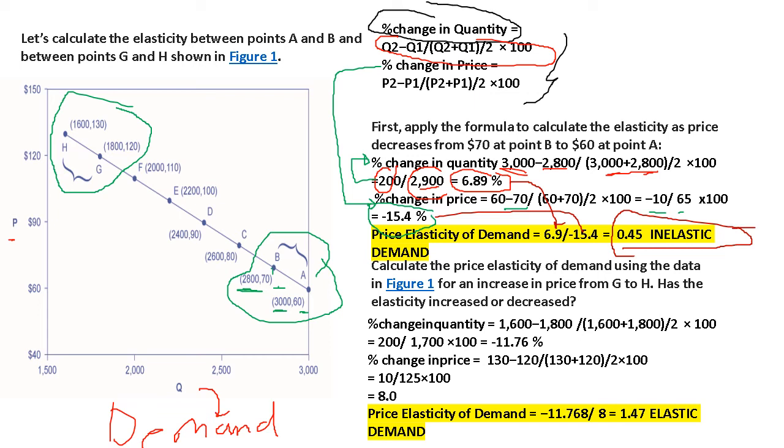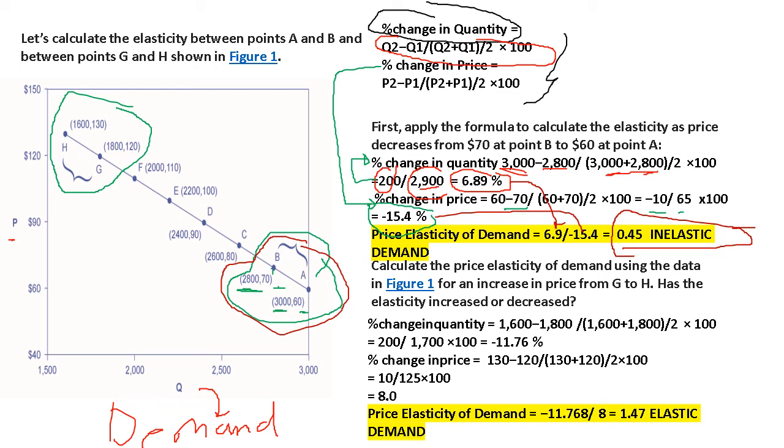So meaning to say, the shift of price going from A to B, from 60 to 70, that price change is called inelastic. Meaning to say, the responsiveness in the price is very, very low.